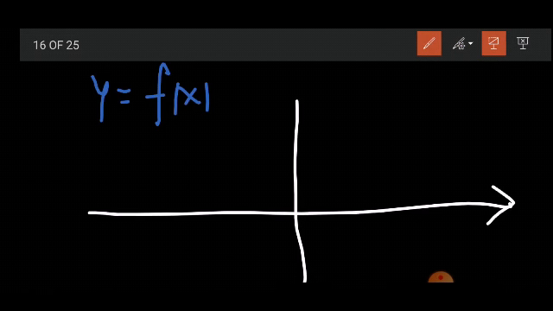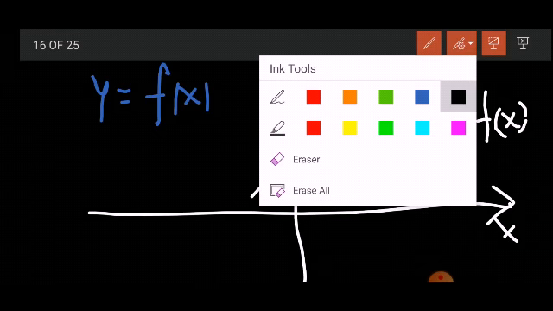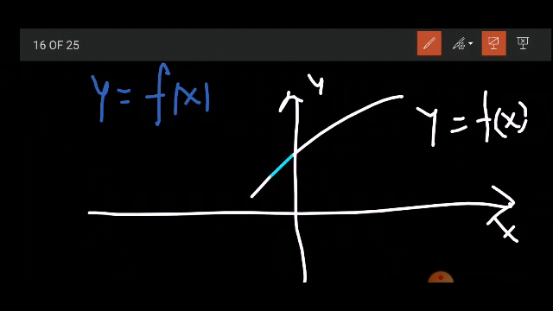This is the x-axis, and this is the y-axis. Let's say this portion is y equal to f(x). Then what we are saying is that you have to remove this left portion. We have to remove this left portion, erase it later on.